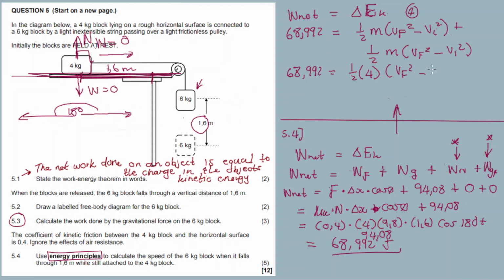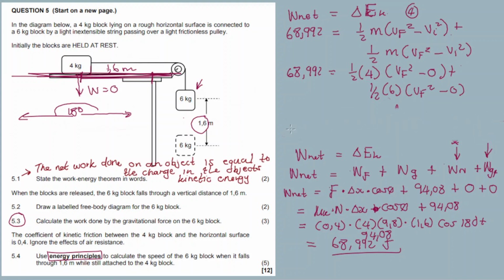Initially we know they were held at rest, so it's 0, plus 1/2 of 6 times v final minus 0.